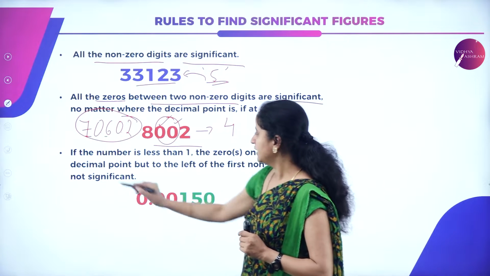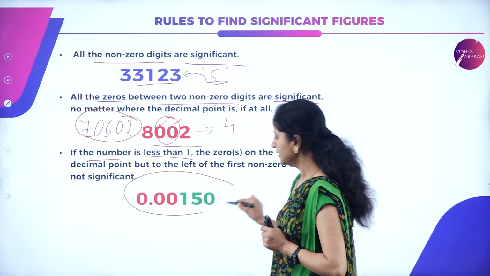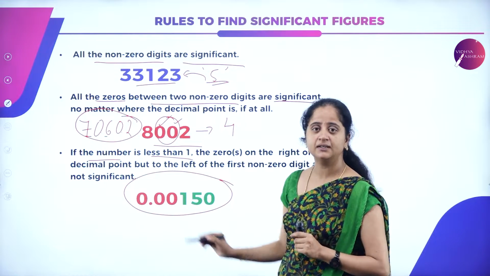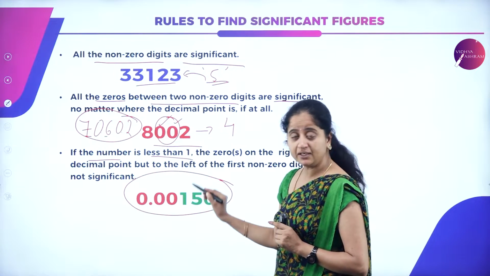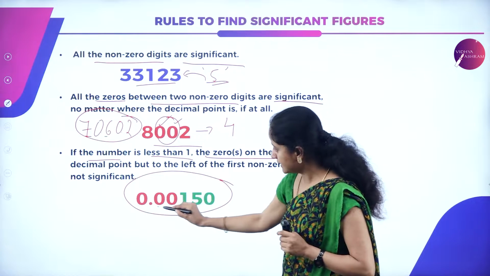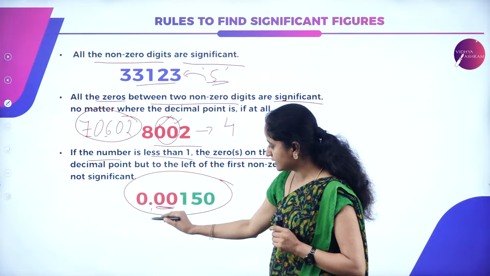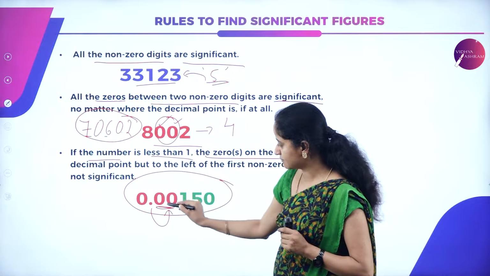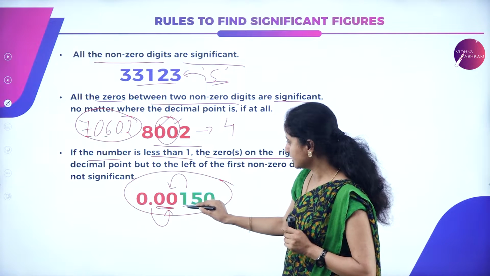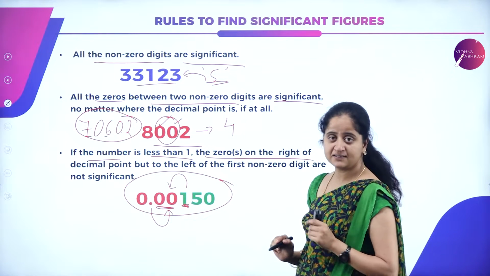And the next one, if the number is less than 1. Look at this example, 0.00150, and this full number is less than 1. If the number is less than 1, the zeros on the right side of the decimal point, you can see I have a decimal here and the zeros to the right side of the decimal point but to the left side of the first non-zero number. Here 1 is a non-zero number.